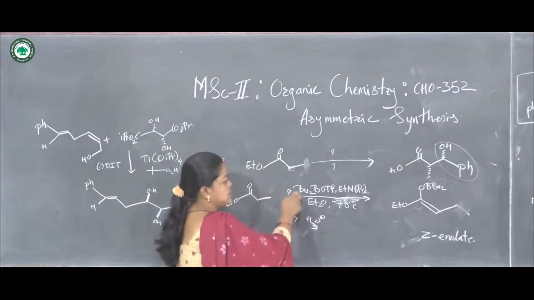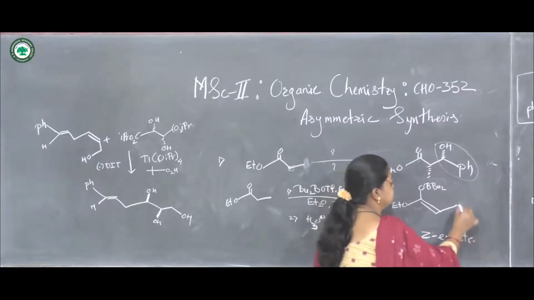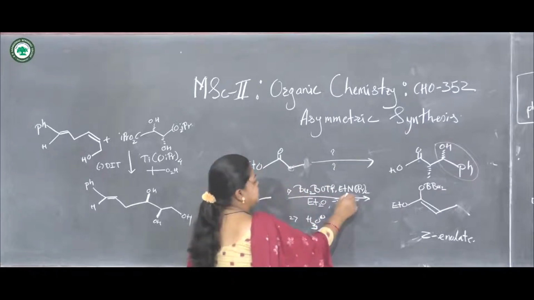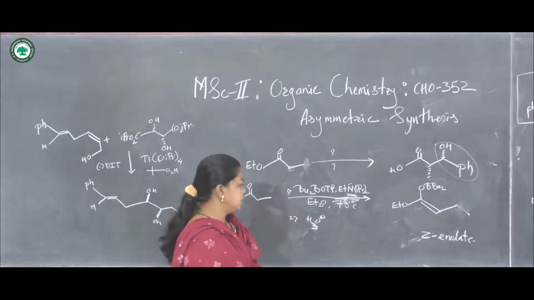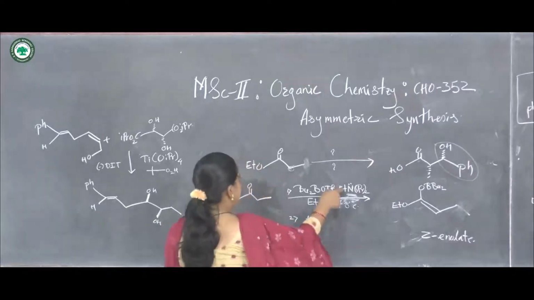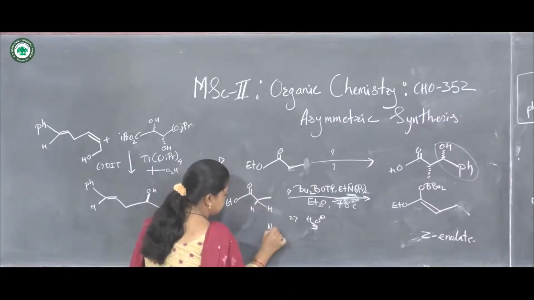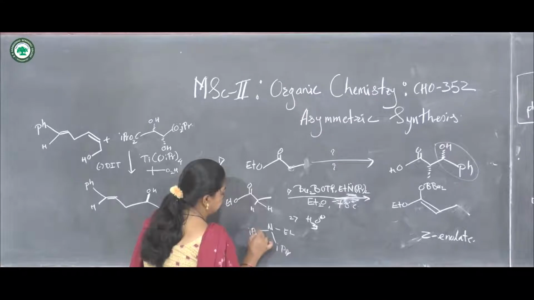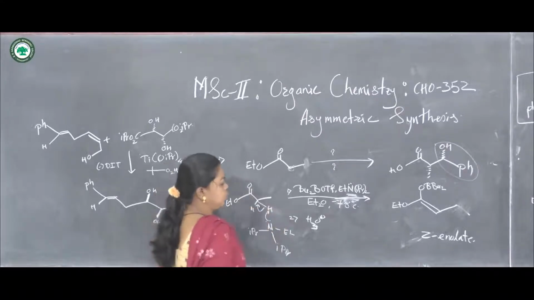So let us consider this first step in this case. Now here, at first this nitrogen containing compound, diisopropyl ethyl amine, will abstract this acidic proton.